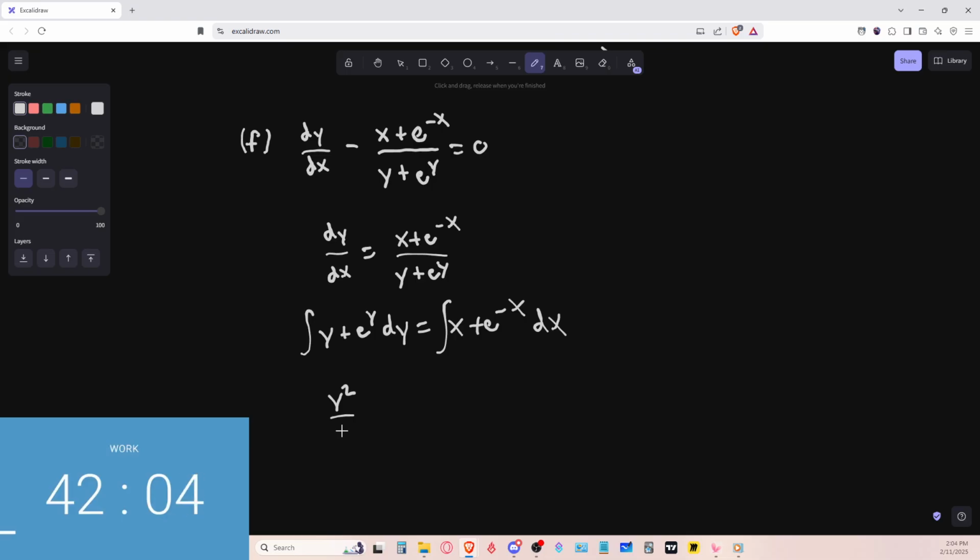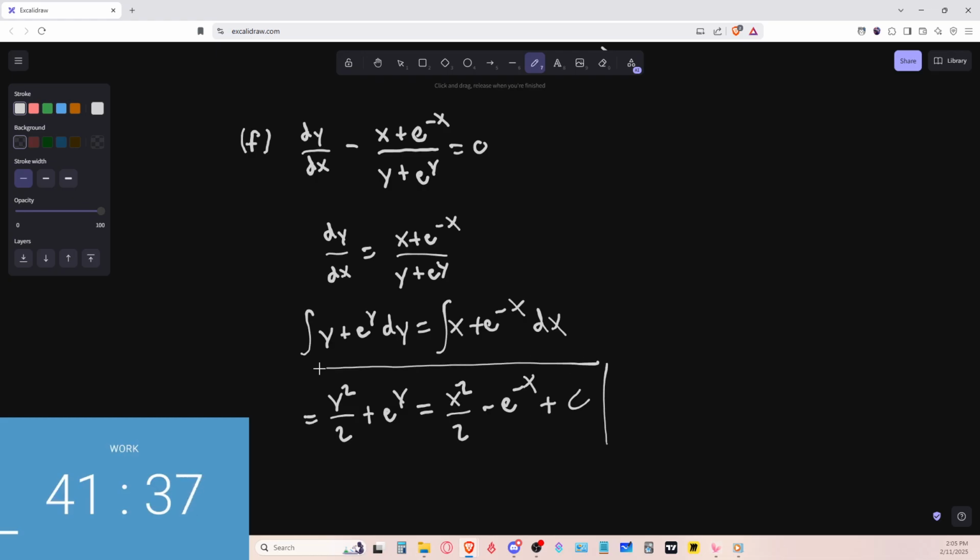That looks very nice. And then we're going to just end up like this. That equals the same thing on the other side, only with a different variable. Only we have a negative on this side. And we'll add C here. And I don't think we need to do anything else. Yeah, we don't need to do anything else.